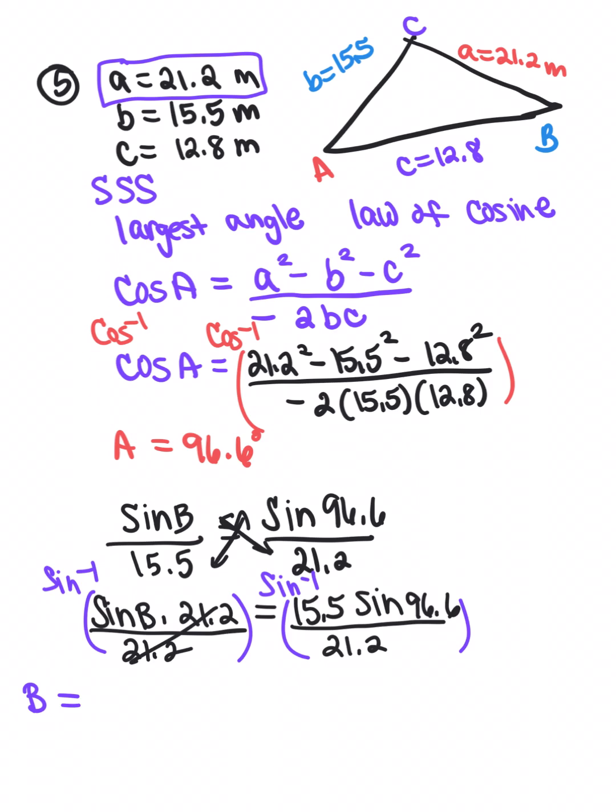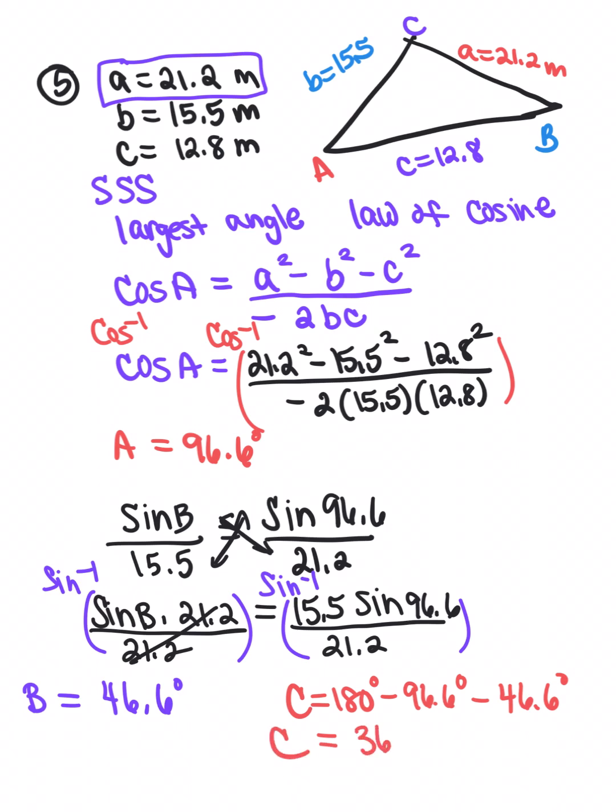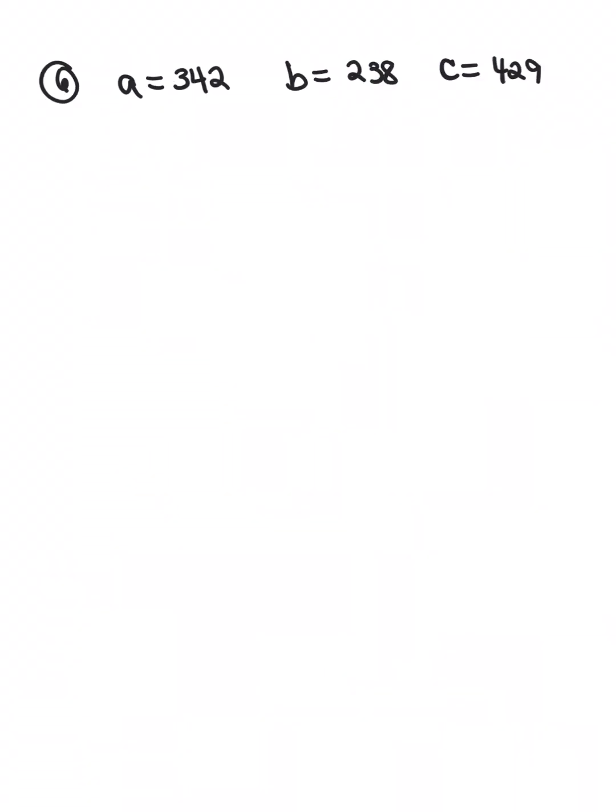Go in the denominator and type 21.2, hit enter, and we're rounding to one decimal place, the tenth, so it's 46.6 degrees. So angle C is equal to 180 degrees minus angle A minus angle B, and we get that C is equal to 36.8 degrees.